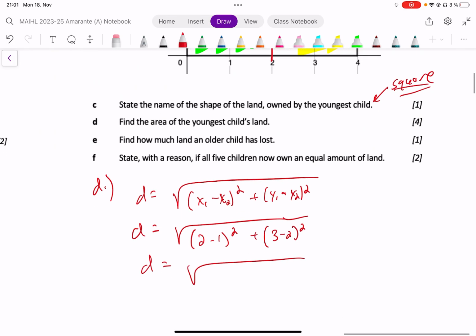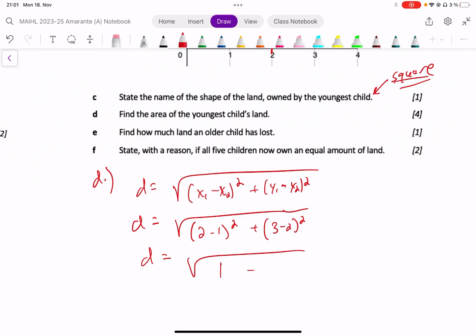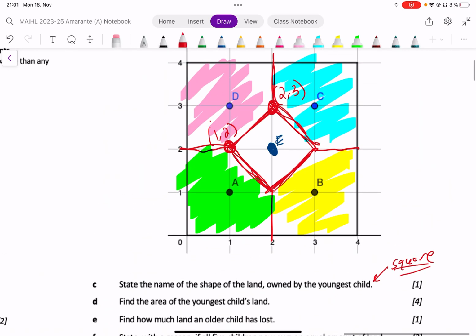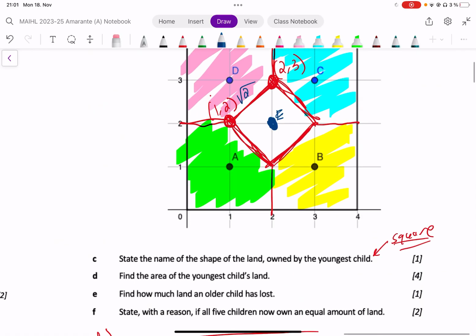So that's the square root of 1 squared plus 1 squared, which is 2. So the distance is root 2. That's the length of this line. It's just root 2, that distance.